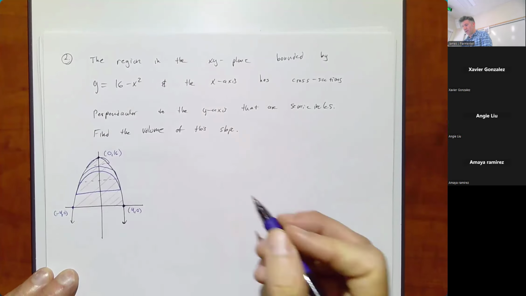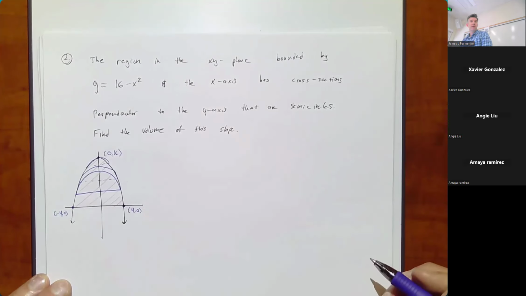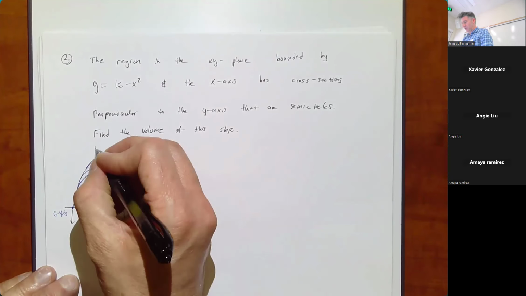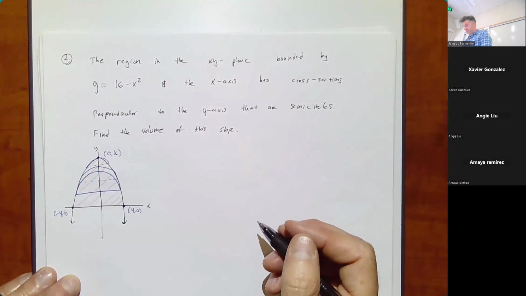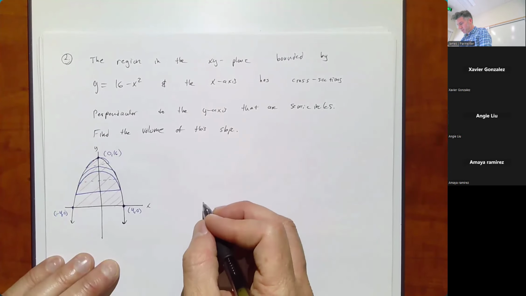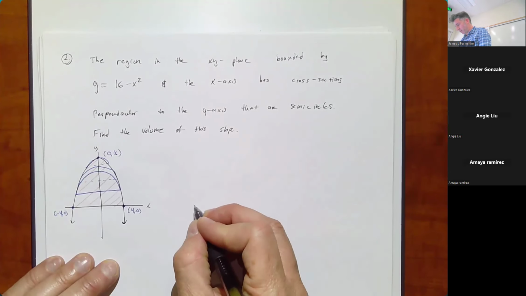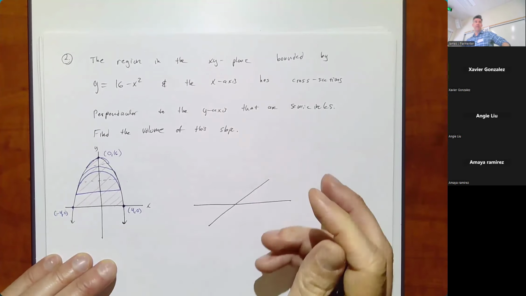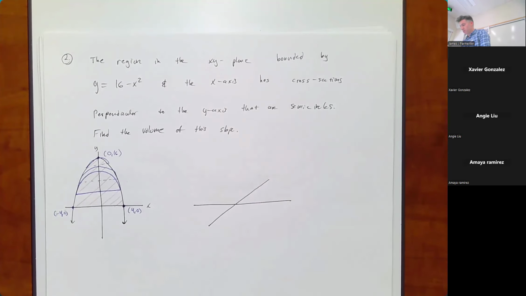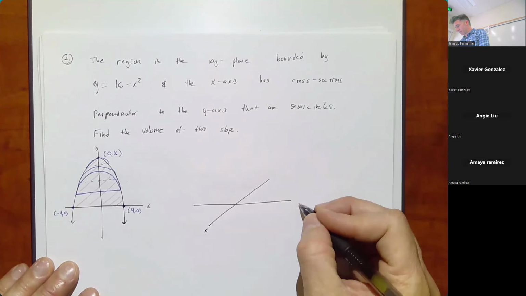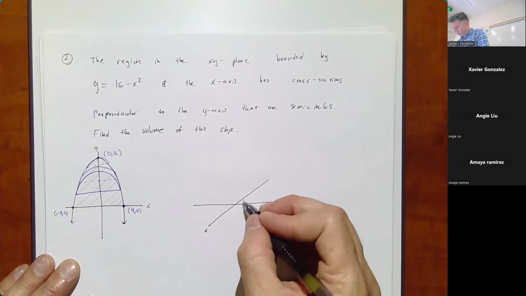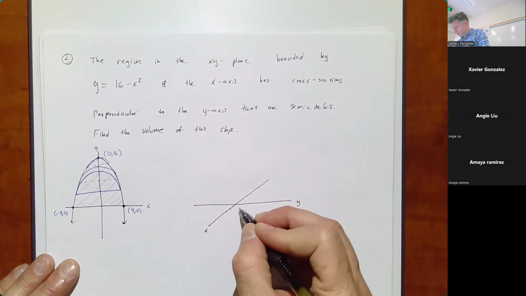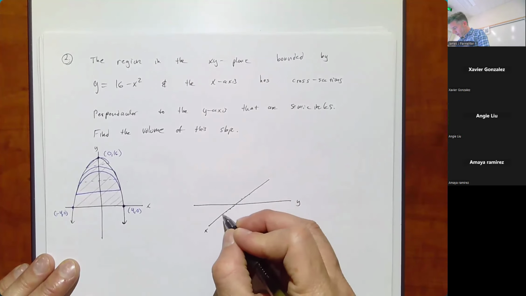It doesn't look that great from this vantage point. So let's redraw it so that we have things looking like this. So I'm going to rotate things. I'm going to think of my XY plane as lying flat on the ground. My x-axis is here, my y-axis is here. Here's my parabola, which looks like this.